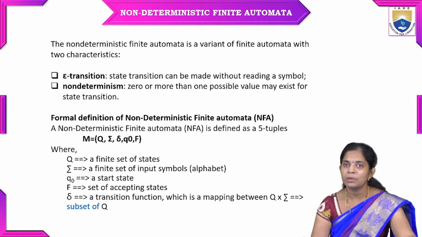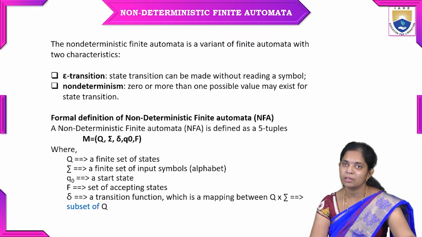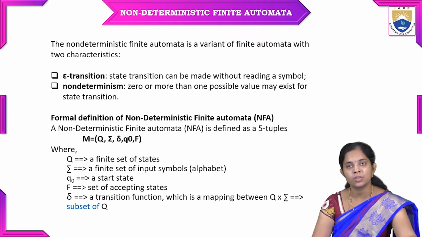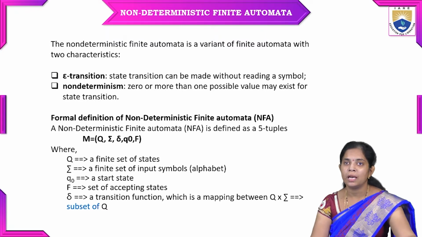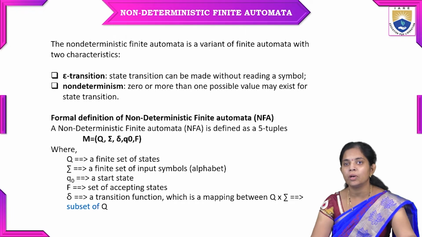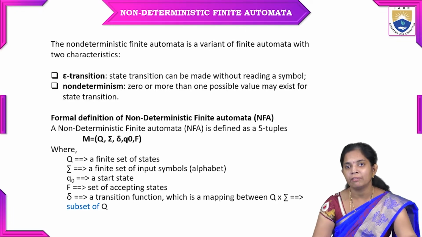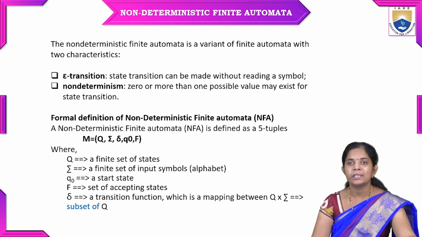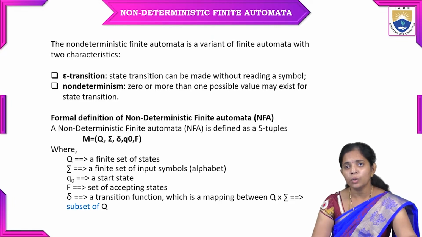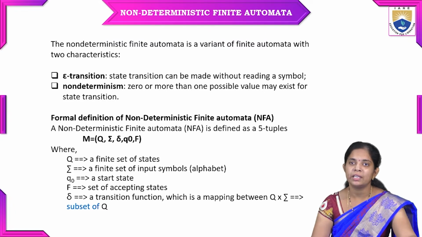Q is the set of states which are involved in the construction of the NFA, and sigma is the set of alphabet symbols used in the strings, like zeros, ones, A, B, C. Next, Q naught is the starting state. To construct an NFA, we need states, an initial state and final states.